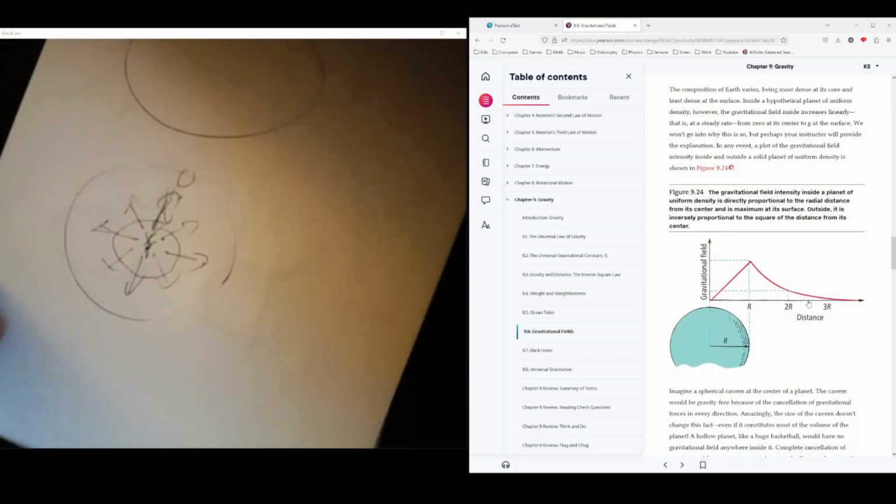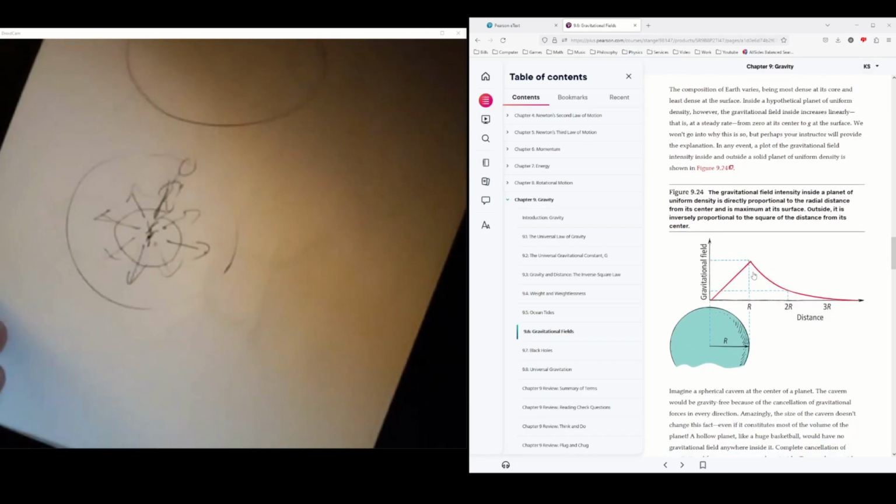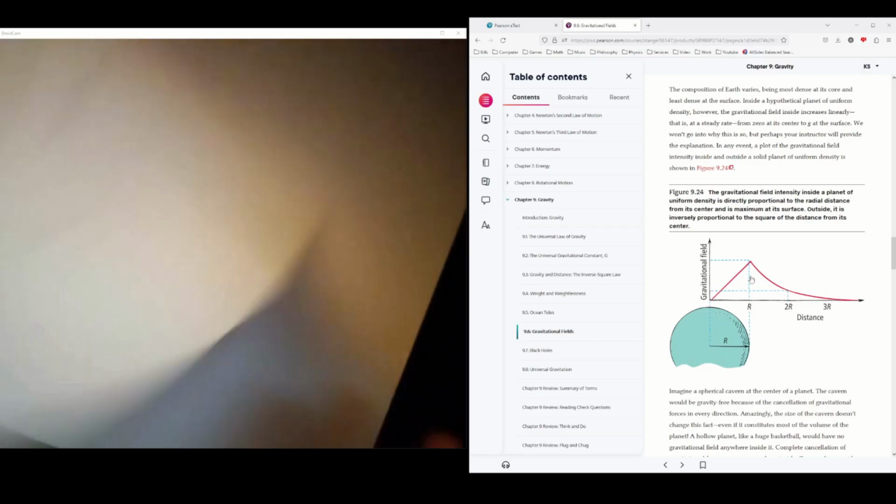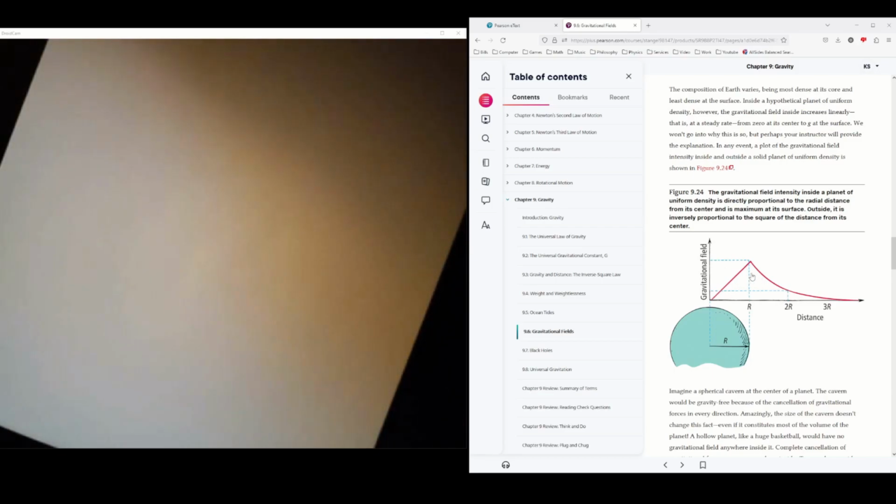And this is an interesting graph here. We actually just derived this a couple weeks ago in Physics 131 because we get the same result for the electric field. And what they're saying here is if you start at the center of the Earth, as you go out towards the surface, the gravitational field increases linearly while you're in the Earth. But once you get outside the Earth, meaning the surface, then you get the inverse square law.